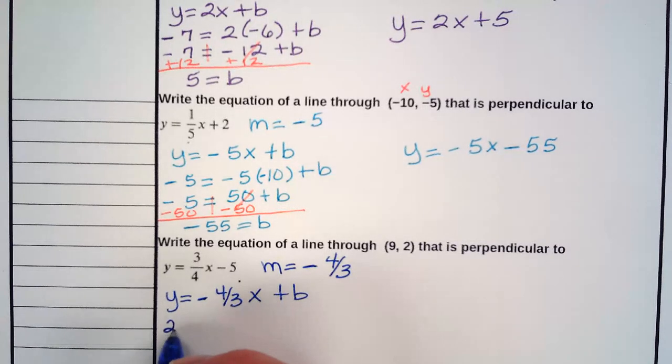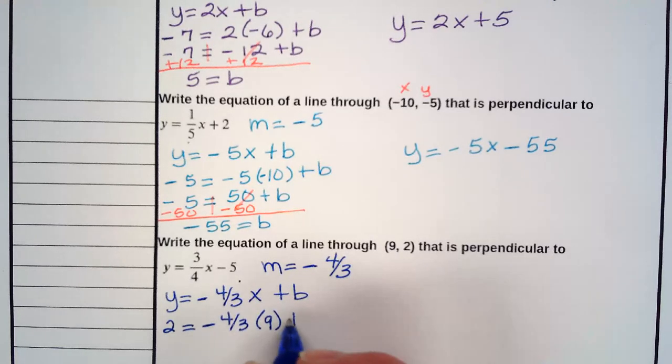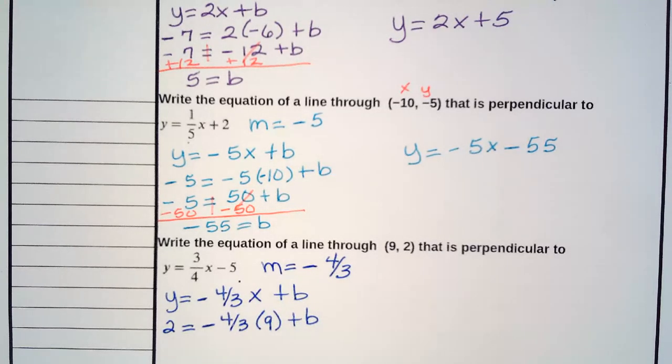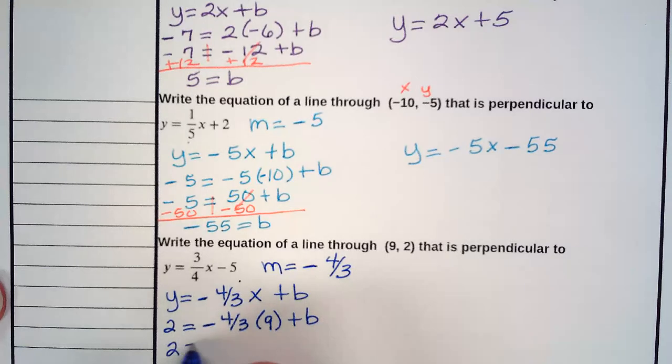2 is equal to negative 4/3 times 9 plus b. Simplify. 2 is equal to negative, okay, 9 divided by 3 is 3. 4 times 3 is 12.